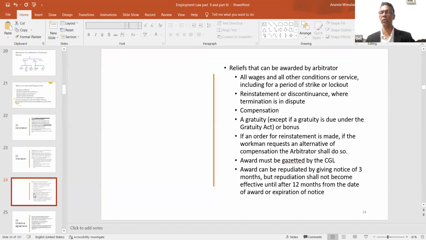Once a matter is referred for arbitration, both parties, the employer or the management and the workers, must maintain a status quo. What do you mean by status quo? That is what I wanted to tell you, a very important one.